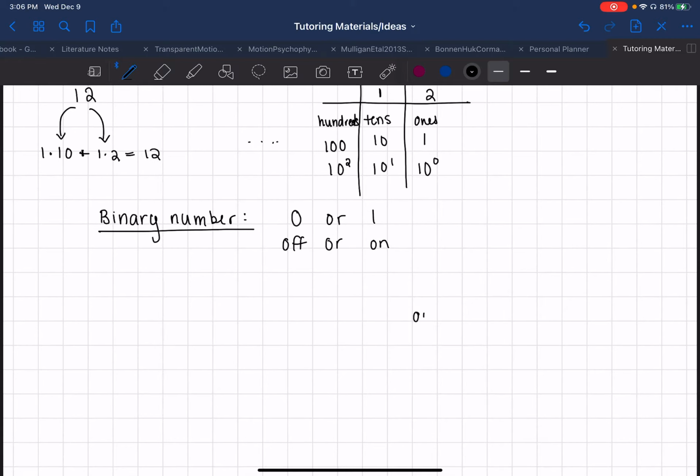So we'll still have a ones place. That would be 2 to the 0.